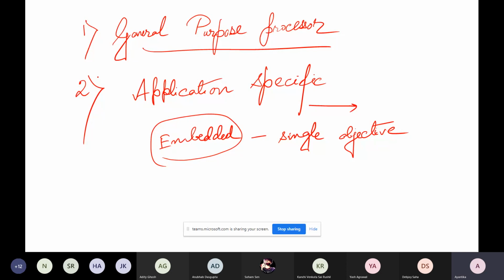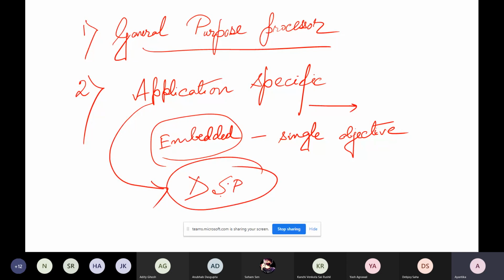Okay. So processor technology is a huge field, and there are different types of processors based on different types of customizations available. In today's class, we are mostly going to discuss one particular type of application specific processor, that is the DSP processor. This DSP is one embedded processor, one application specific processor, but it has some typical features, and those features will help us to implement the CNN requirements efficiently.